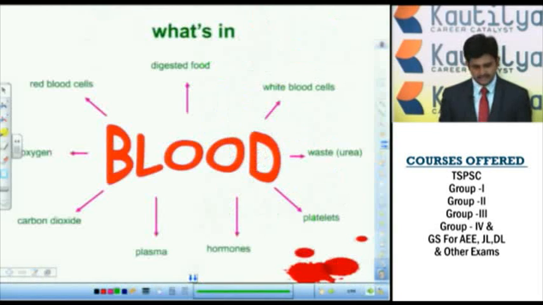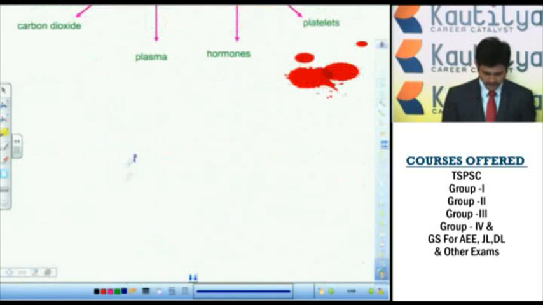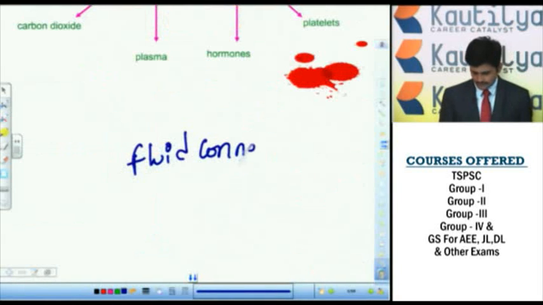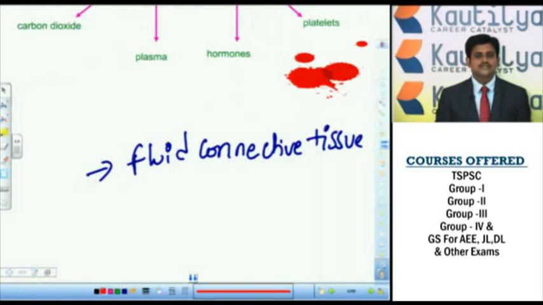So first, blood. What actually is blood? Blood is the fluid connective tissue. That means it is the only tissue that occurs in the form of liquid. And what is the use of blood?